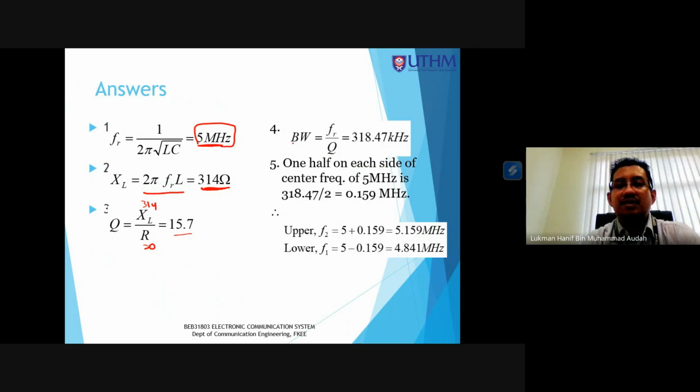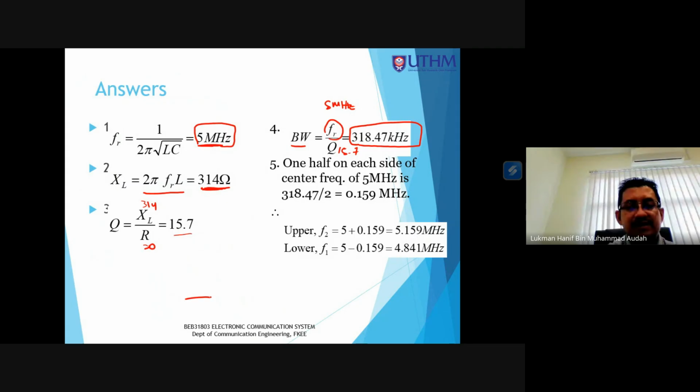So that means this is 5 mega, you divide with 15.7, so you get 318.47 kilohertz. So this is the bandwidth of the pre-selector.